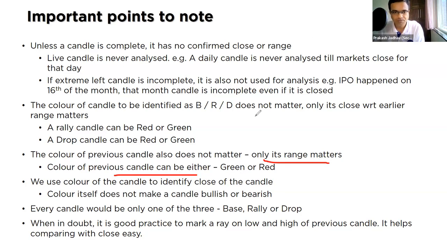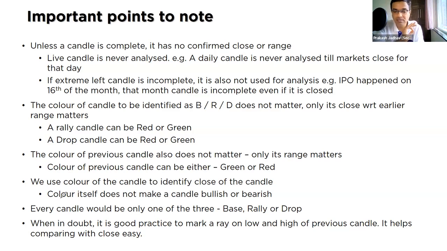Now we use the color of the candle to identify the close of the candle. When we say the color of the candle is red, you know the close is the lower part of the body. If the color is green, then we know the close is the upper part of the body. That's the only use for the color of the candle for us.